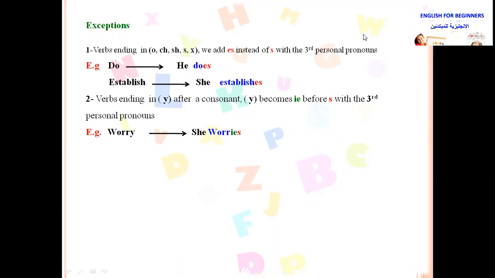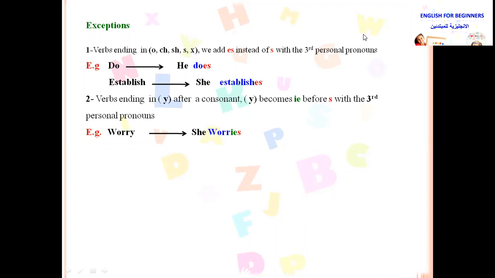So this is the first exception with she, he, and it, when the verb ends with one of these letters, we need to add es instead of s alone. I have an example here, like the verbs to do and to establish. He does, she establishes.